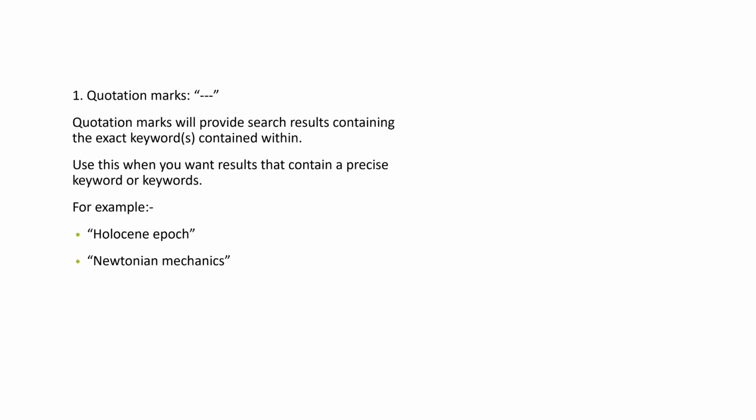Dear friends, if your search query consists of more than one term, by default the computer puts an OR or AND operator between the terms. But if we put double inverted commas, then the computer understands it as an intact phrase.